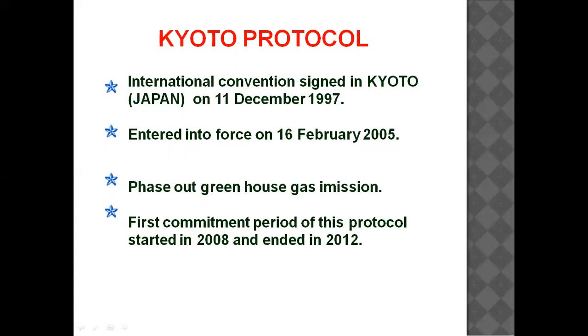It entered into force on 16 February 2005. The treaty was taken in 1997, but it came into force from 16 February 2005. And the first commitment period of this protocol started in 2008 and continued up to 2012.